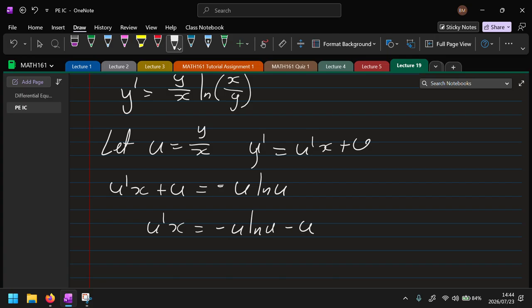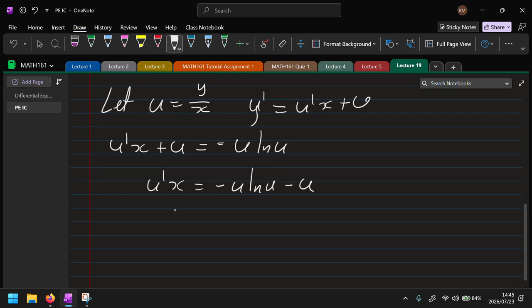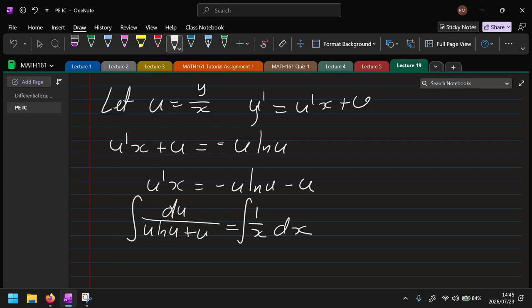And the x, that's on the wrong side. We want that on the right side. So I'm going to take the u natural log over to the other side. I'm going to keep the minus 1 there, just to make it a bit easier. So that comes with the du, and that comes with the dx. We're missing the integration, so let's put that in. And then a plus c is needed there.